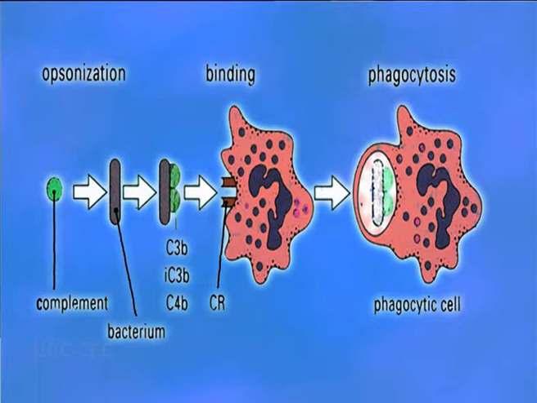This binding forms a bridge between the phagocyte and antigen. Immunoglobulin G and M antibodies can also activate the complement system. The net result is to arrange complement C3b on the phagocyte. If both antibody and C3b opsonize, binding is greatly enhanced.